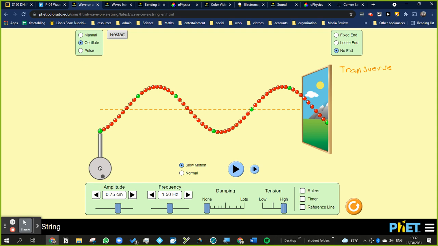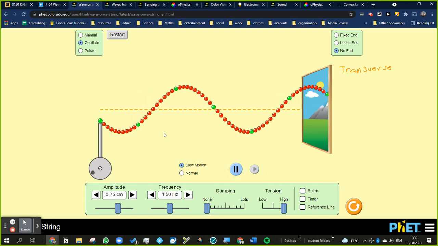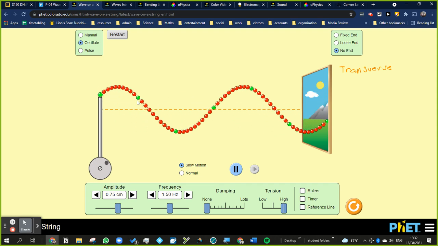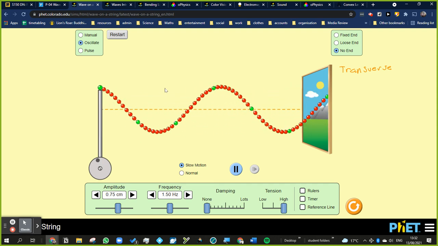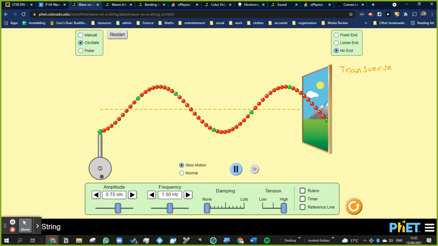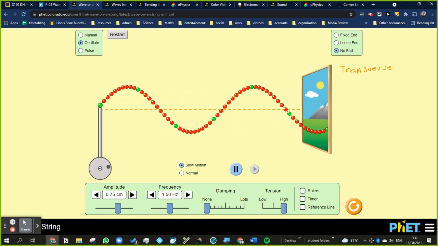Basically, the word you want to be looking for is oscillation. Oscillation is the direction that this motor is going. It's also the direction that any of the particles are going. If I press play now and you look at this green circle, it's only moving up and down. It looks like something's moving from left to right, but what is moving from left to right is nothing but a pattern.